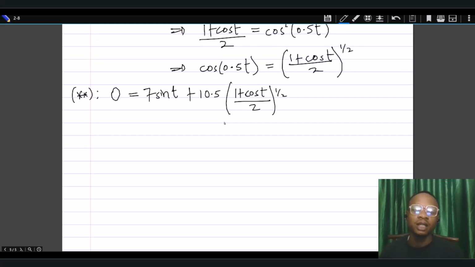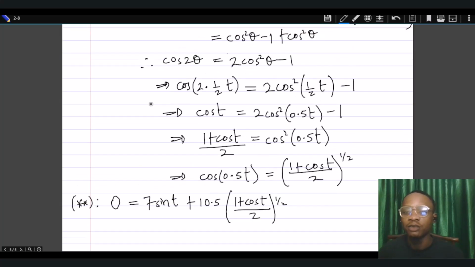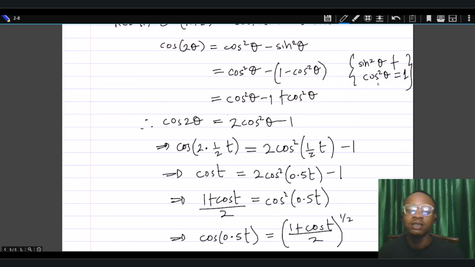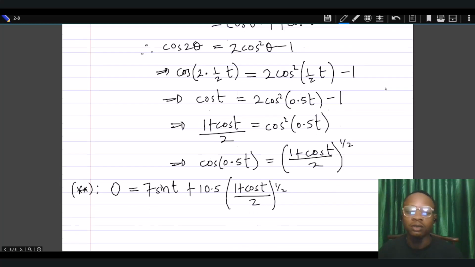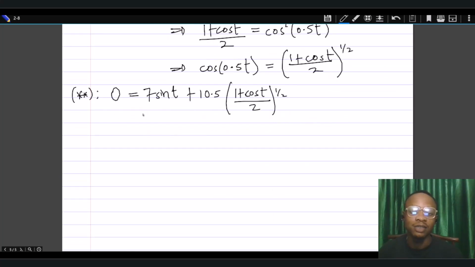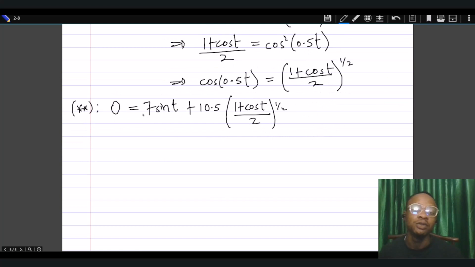Of course, we can simplify this even further by recognizing that sine t itself is, from what we observed here, sine squared theta plus cos squared theta is 1. We can get an expression for sine t as well. When we make sine theta the subject, that will be the square root of 1 minus cos squared t.